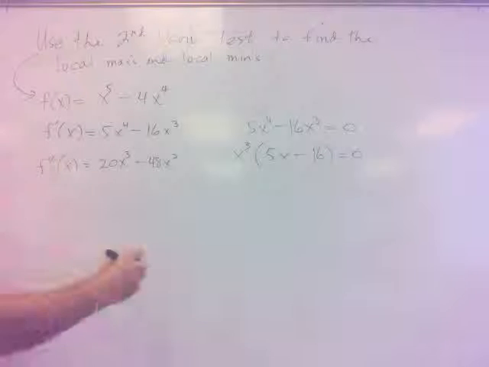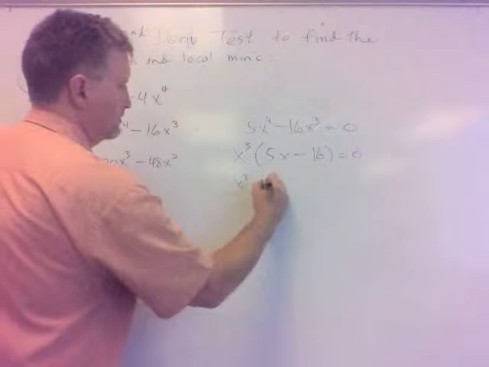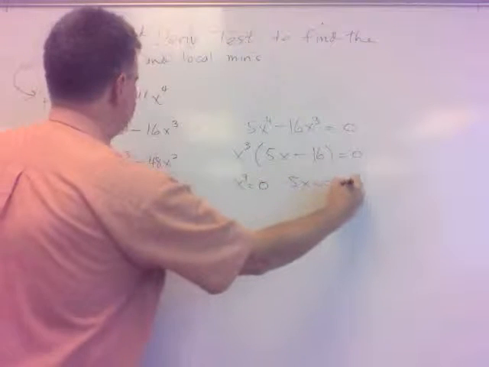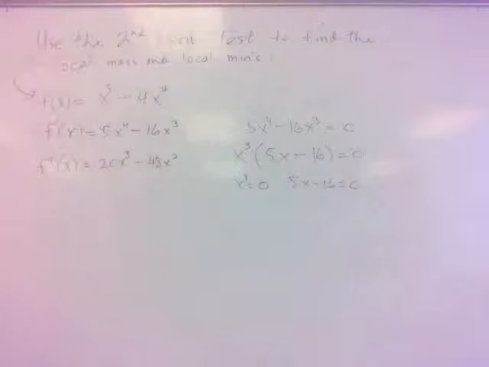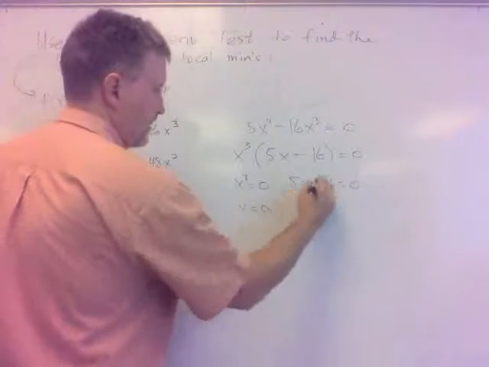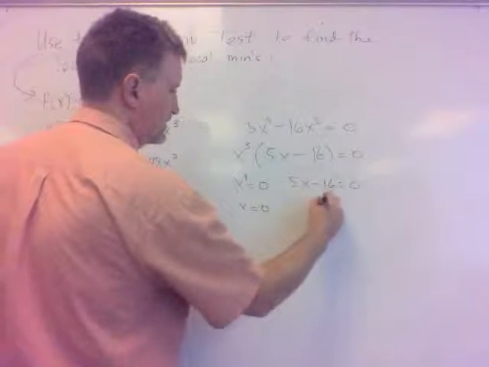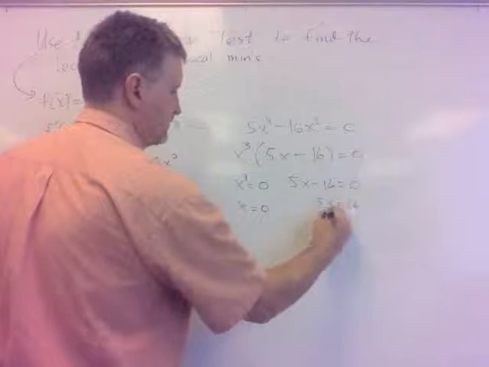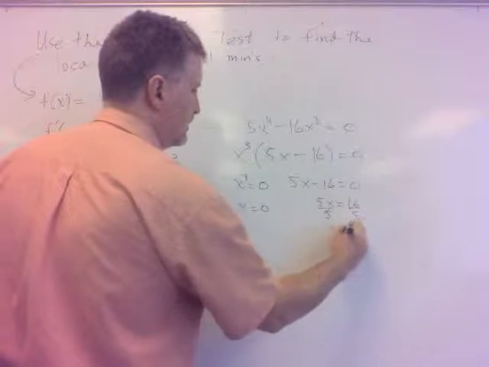So x cubed equals 0, and 5x minus 16 equals 0. Did I do that right? I think so. This one, of course, is just x equals 0. This one is, well, you add the 16 and divide by 5, you get 16/5. Critical number there.